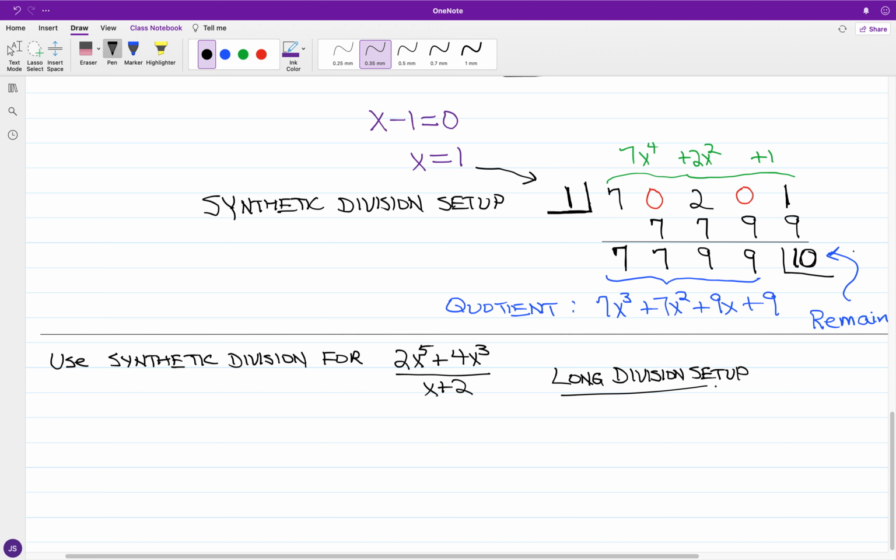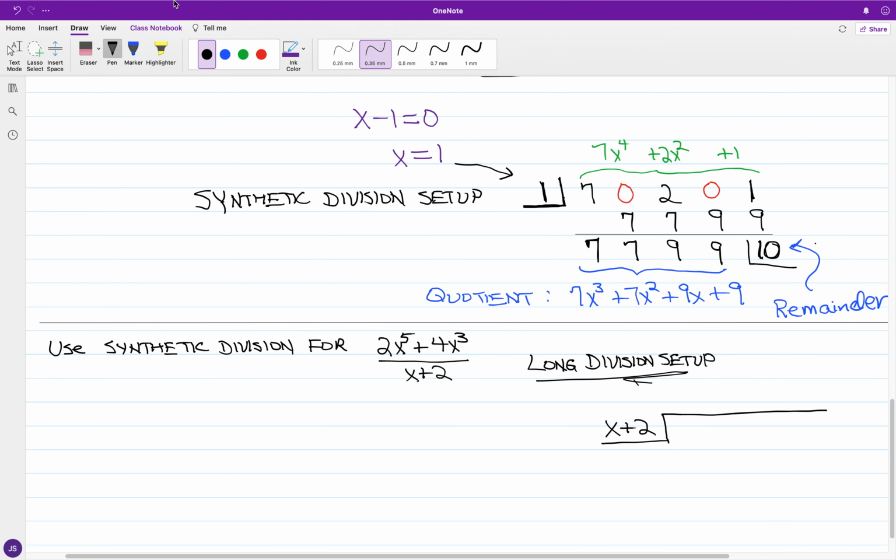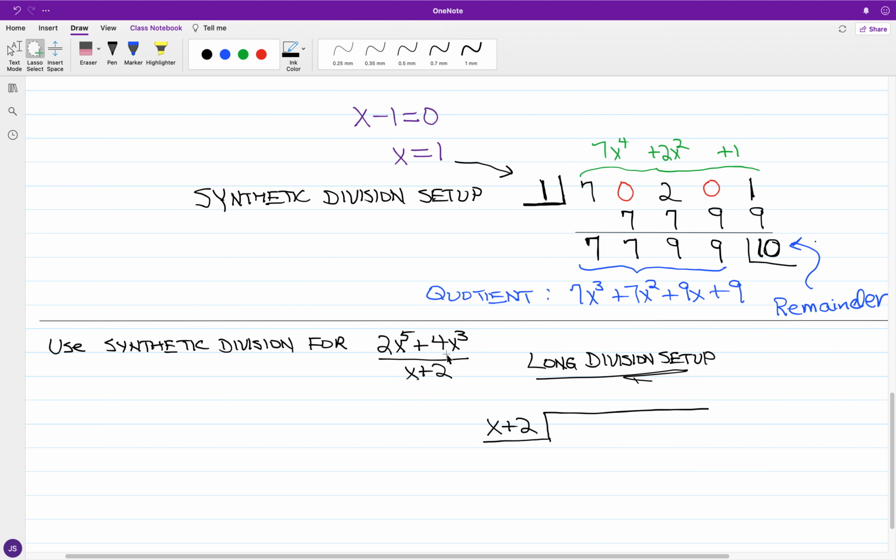In the long division setup, we take x plus 2 into 2x to the 5th plus 4x cubed. As you can see, we have some missing degree terms in the dividend. We start at 2x to the 5th.